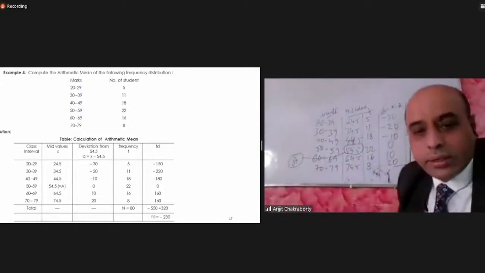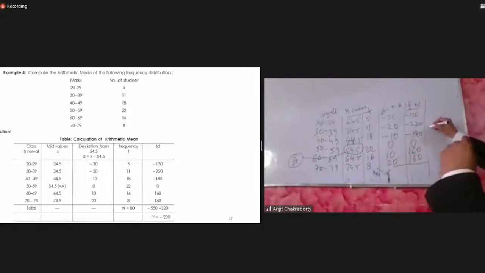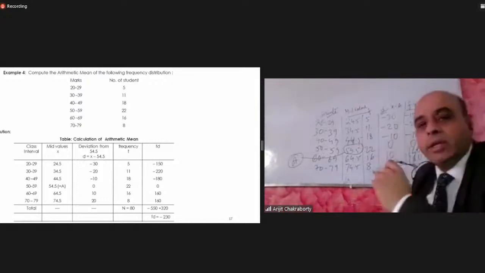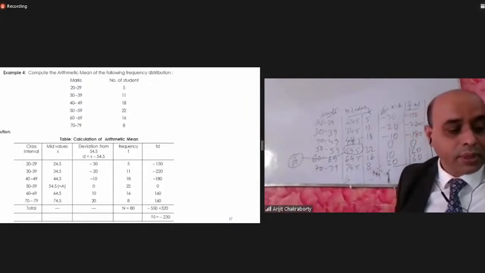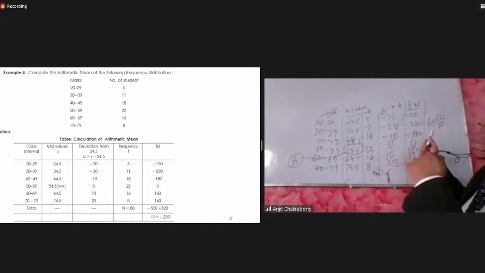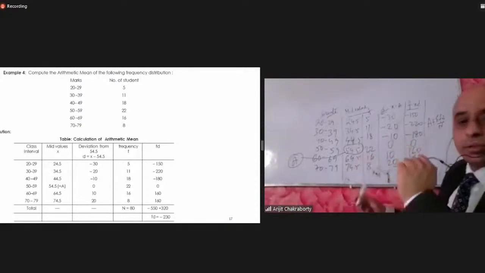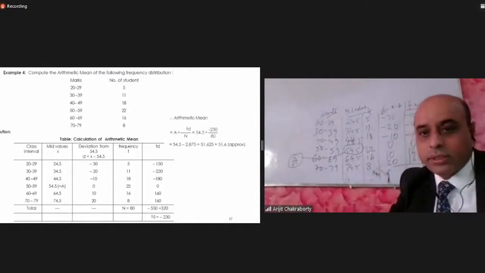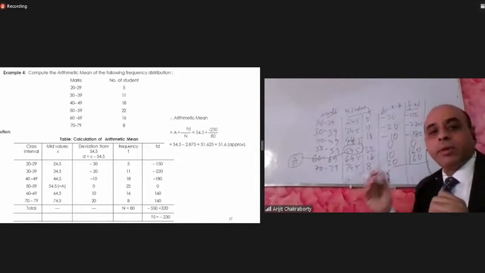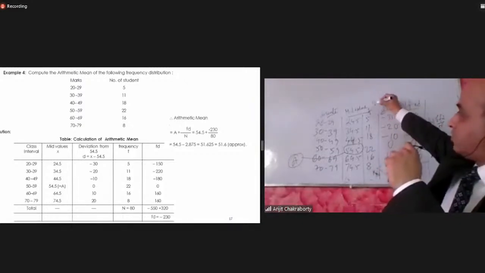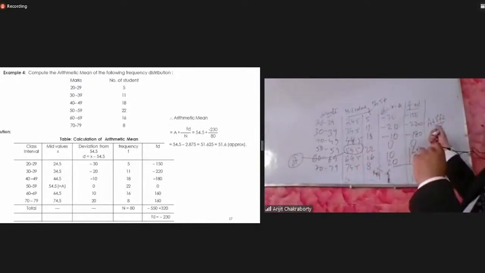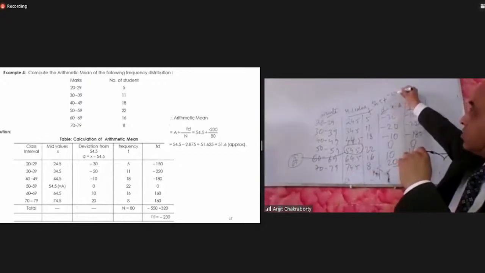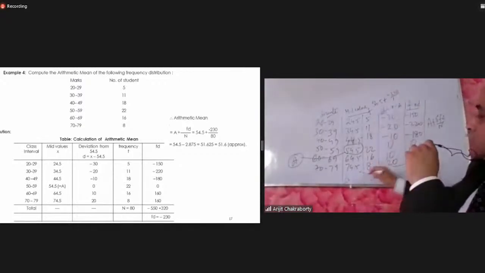So the mean in this case will be the assumed mean plus sigma FD by n. Here the assumed mean is 54.5. So the ultimate computation is A plus sigma FD by N, which is 54.5 plus sigma FD by N. Sigma FD is minus 230, so it becomes minus 230 by N. N is the total frequency.